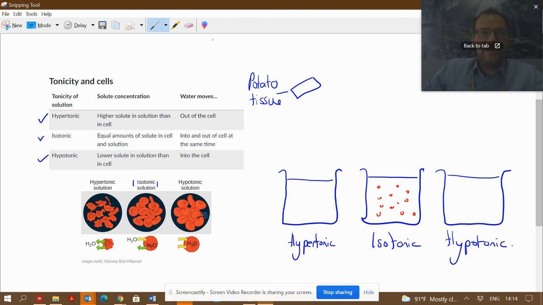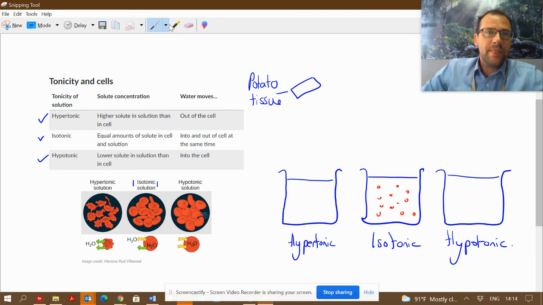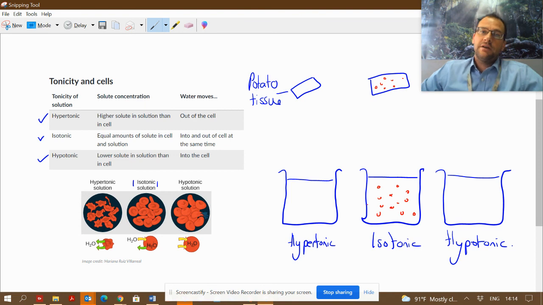If we have this potato tissue here, I'll just draw another one over the isotonic. I've got a bit of potato, a bit of living tissue, and it's got roughly the same salt concentration in its cells.